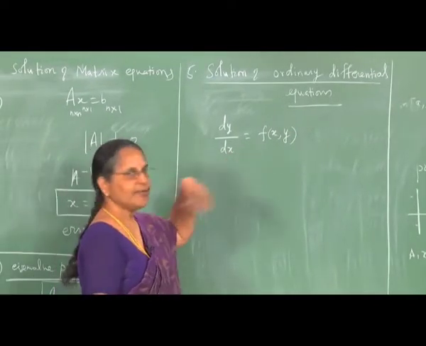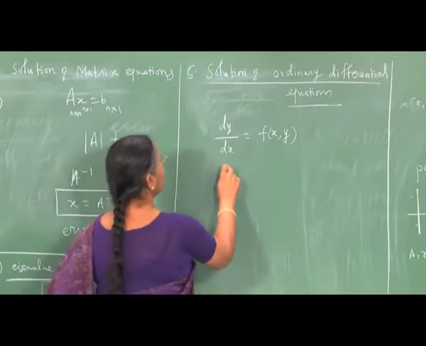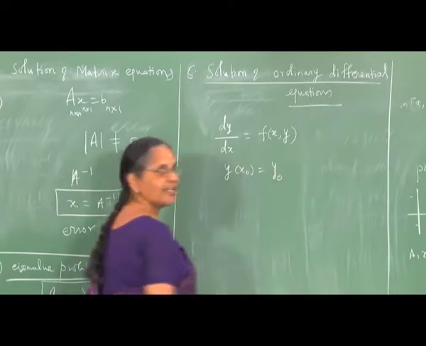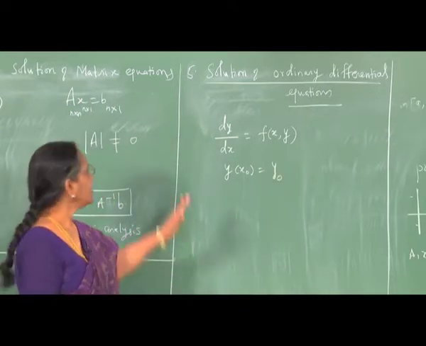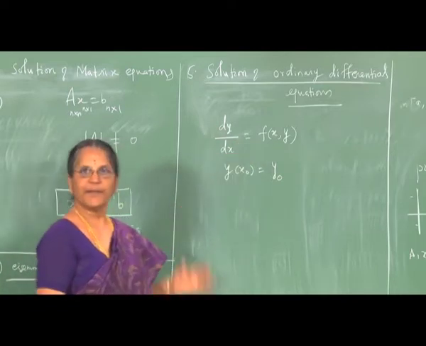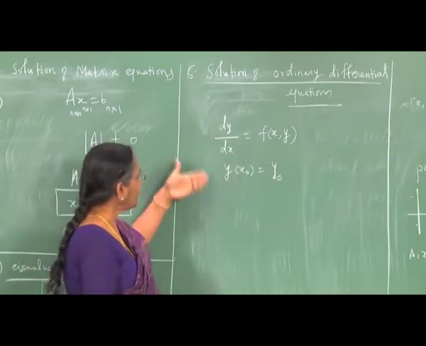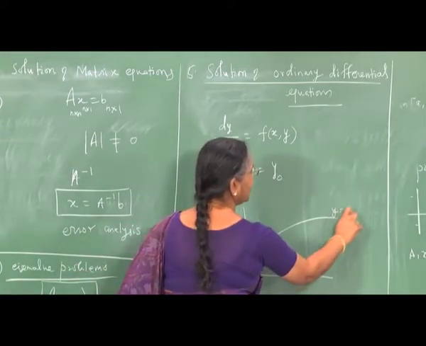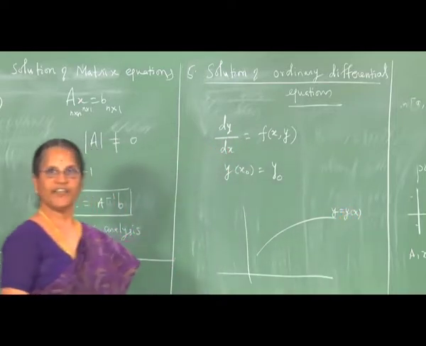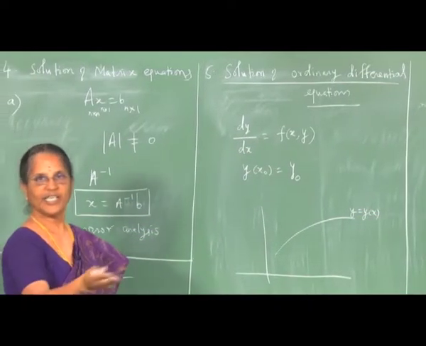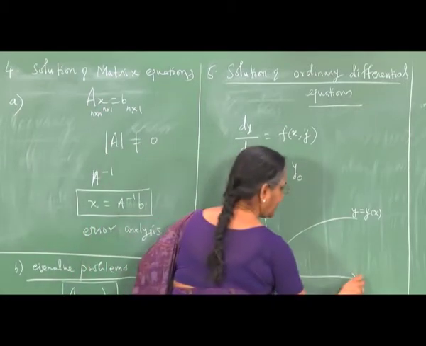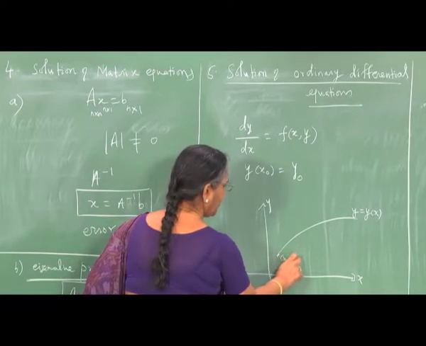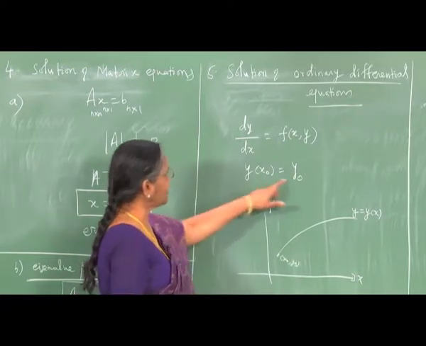What does this differential equation tell you? And you would also have solved this equation subject to the condition that y at x naught is equal to y naught. What does this differential equation represent? So, when you solve this equation, what do you end up with? You end up with its solution as y is equal to y of x, which is a smooth curve in the xy plane such that it passes through the point x naught comma y naught, because y at x naught must be y naught.